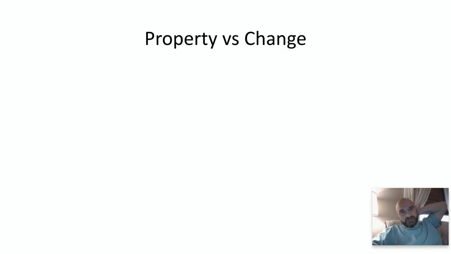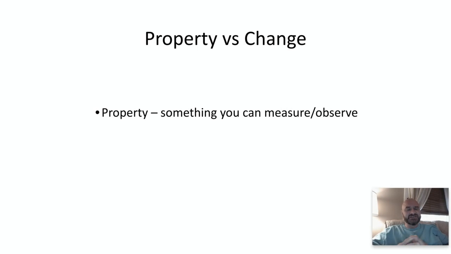All right, we have been looking at chemical and physical properties, and now we need to add in chemical and physical changes. The biggest difference is that a property is something that you can measure or observe, or we can also think of it as the ability to do something, and that hasn't necessarily done it yet.